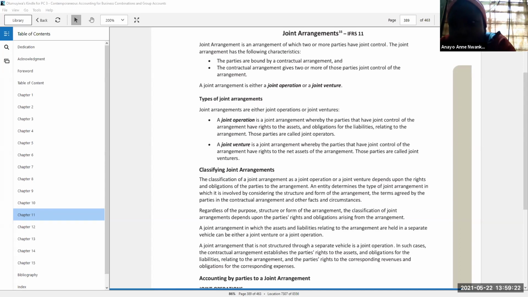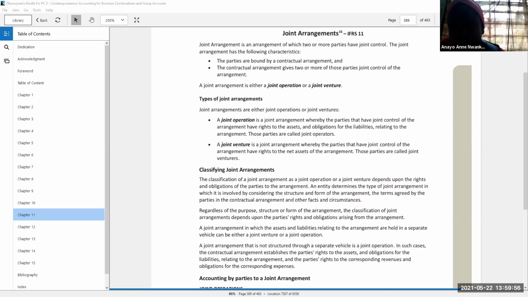An entity determines the type of joint arrangement in which it is involved by considering the structure and form of the arrangement, the terms agreed by the parties in the contractual arrangement, and other facts and circumstances. Regardless of the purpose, structure, or form of the arrangement, the classification of joint arrangements depends upon the parties' rights and obligations arising from the arrangement.